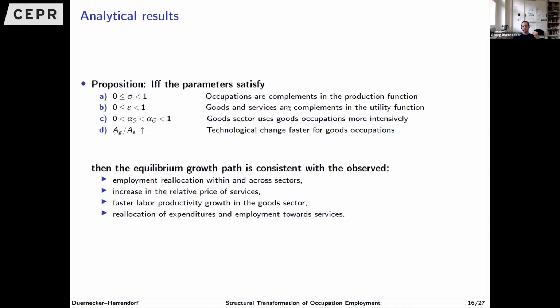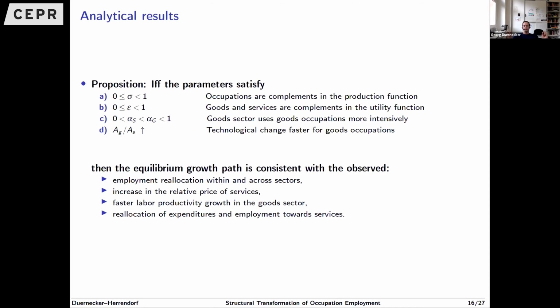Goods and services have to be complements in the utility function. There's a lot of support in the data that usually says that epsilon, the substitutability, is actually close to 0. We need that the goods sector employs more goods occupations than the service sector. And importantly, we need that technological change is faster for goods occupations than for service occupations.